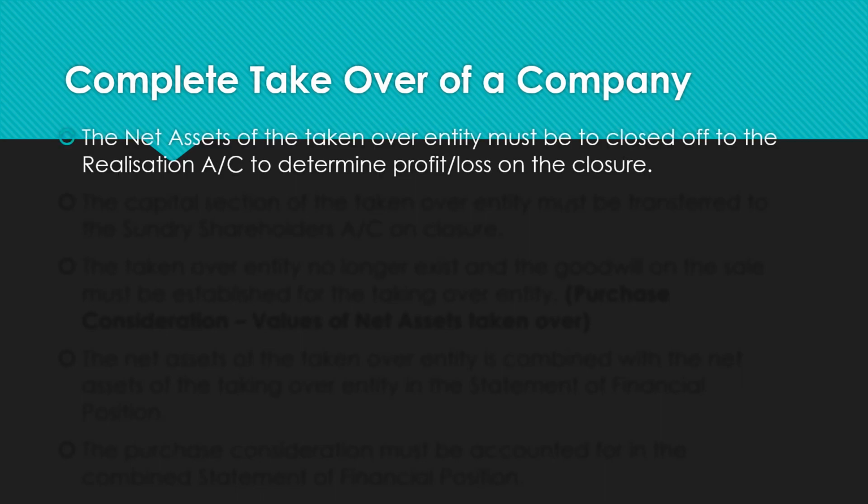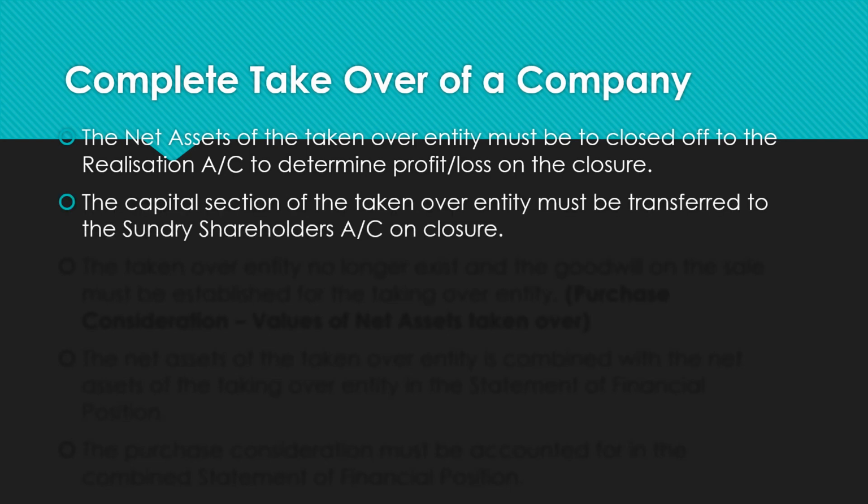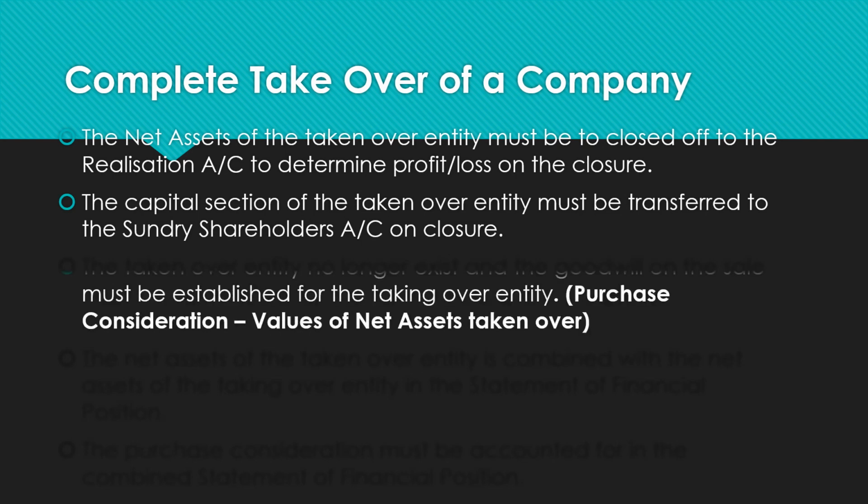So when you're looking at the complete takeover now, what happens is that the net assets of the taken over entity must be closed off to the realization account to determine the profit or loss on the closure. The capital section of the taken over entity must be transferred to an account called the sundry shareholders account on closure.